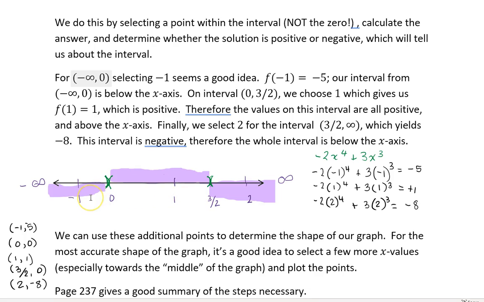So one thing you want to note: if we're going to have to graph this, we would want to pick these values for sure. We already know what they are. And then you're going to want to pick another point or two, probably two points in here, to figure out what's happening in the middle. Remember, the middle piece is where all of the action is happening.